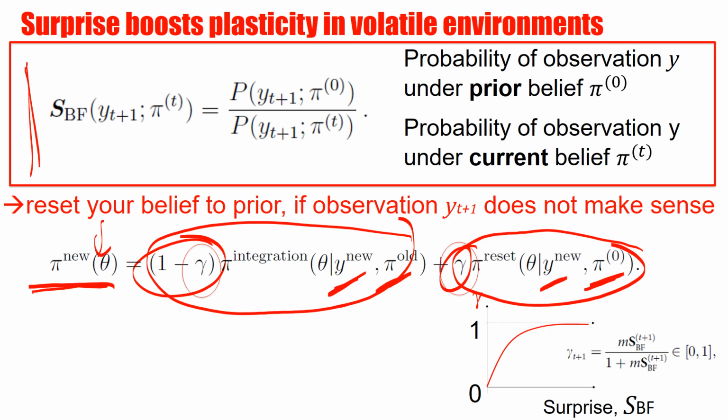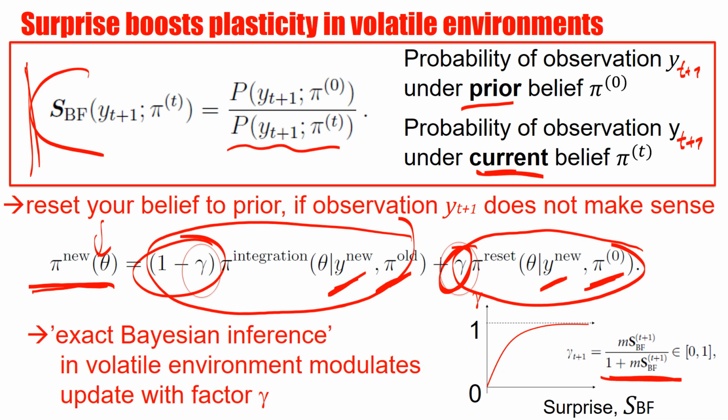You compare the probability of observing the new data point y_{t+1} under your current belief, that's this term here, with the probability of observing this data point y_{t+1} under your prior belief. This is the Bayes factor surprise, and the term gamma that modulates the learning rate is a monotonically increasing function of this Bayes factor surprise.